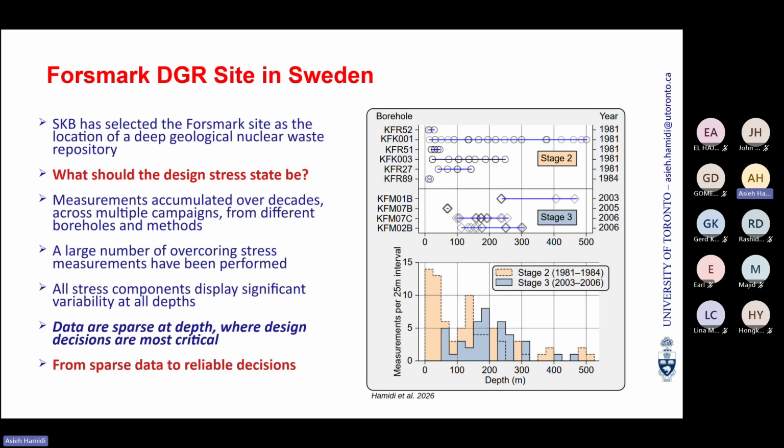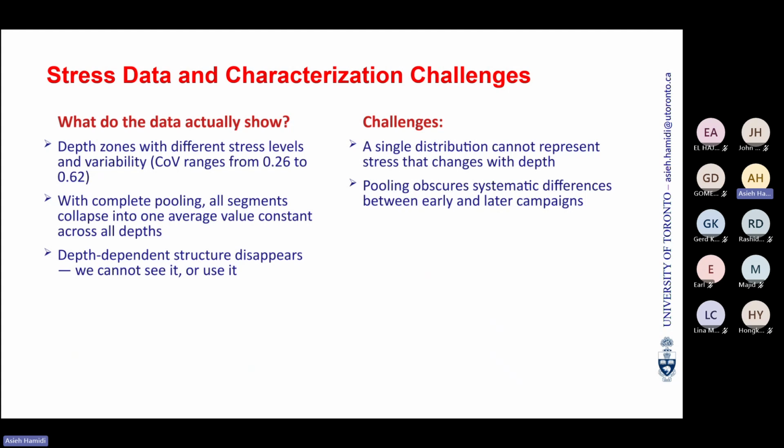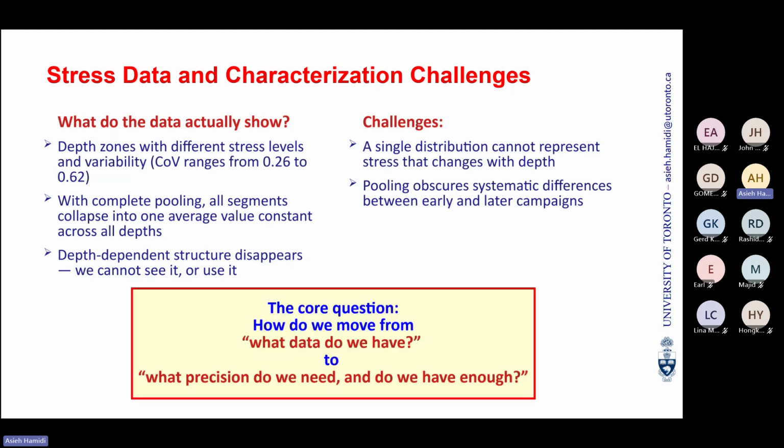There are some challenges with site characterization in terms of in-situ stress estimates, and here specifically I would like to talk about the Forsmark site and in-situ stress. We see variation and many different coefficients of variation, which inherently belong to the data. We can't change that, but we can understand and quantify them.